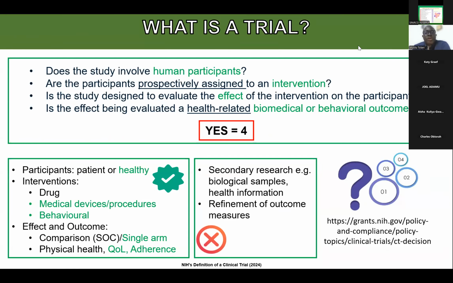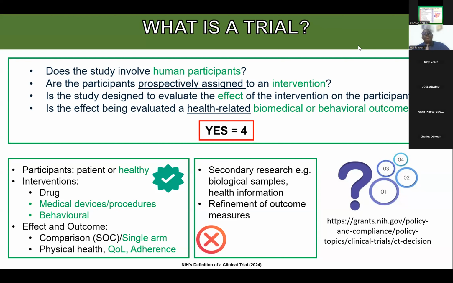NIH defined trials using 4 major criteria: that the study must involve human participants, and the study should have an intervention. An intervention must be by prospective assignment. That the study is designed to evaluate the effect of an intervention, and then the effect that is being evaluated itself must be health-related. If we can say yes to these 4 questions, we can say that the study is a trial.